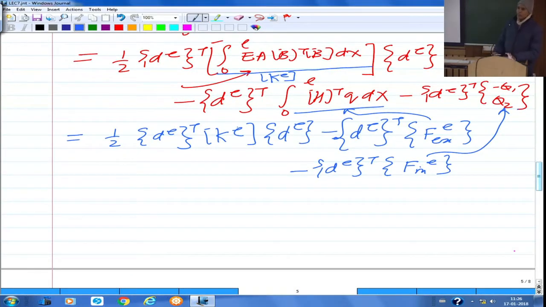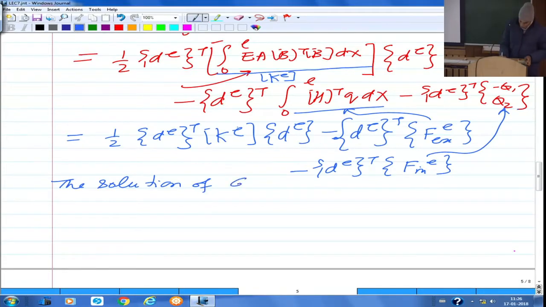Now see, what we have is still the integral functional. The only thing is it is now written in terms of the unknown vector DE, with the stiffness matrix, which is this integral, the external load vector and the internal load vector. Now the solution of the original governing differential equation, GDE, is equivalent to delta I equal to 0, because the weak form was written as delta of I equal to 0.